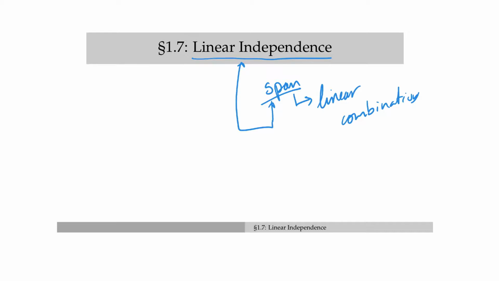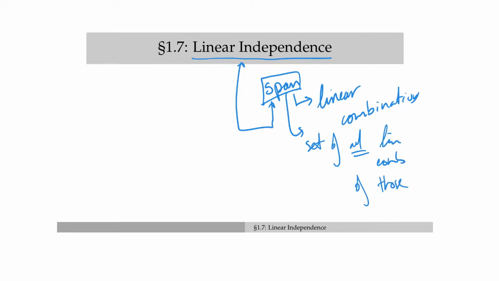So, to remind you, the span of a collection of vectors is the set of all linear combinations of those vectors.